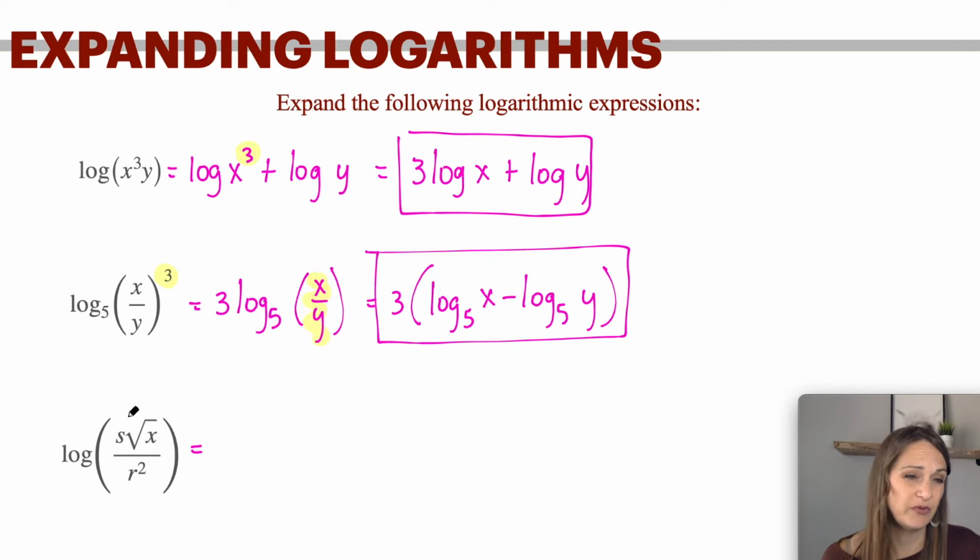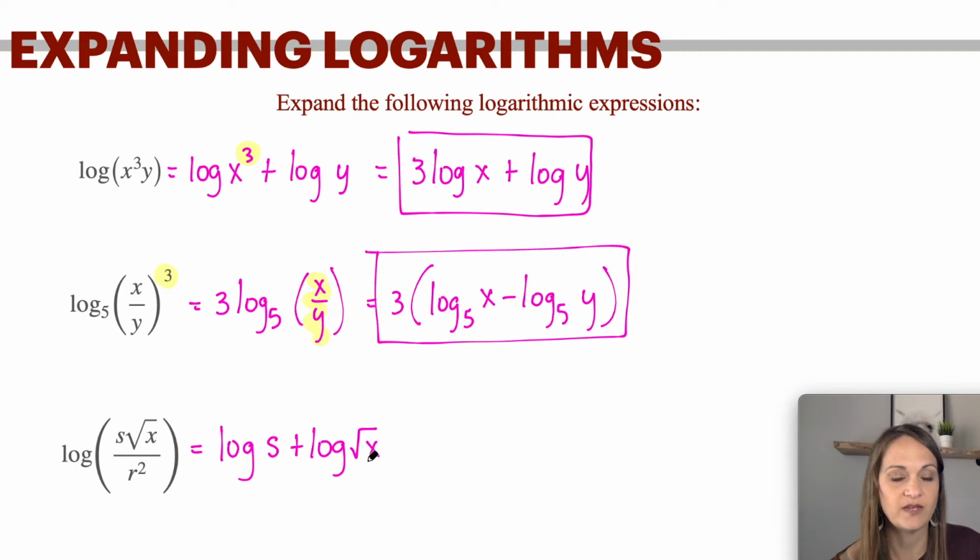In this case, we have a couple things going on. We have multiplication, we have division, and we have some exponents. So I'm first going to split it all apart. So I have log of s plus log of square root of x, and then that's going to be minus, because division, log of r squared. Now the only thing I have to do is make my exponents go in front.